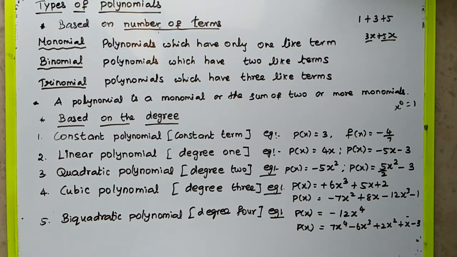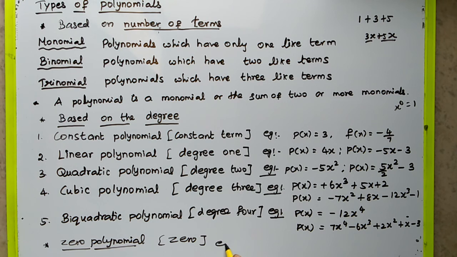the next point is called zero polynomial. Zero polynomial means a polynomial having all coefficients equal to 0 is called zero polynomial.